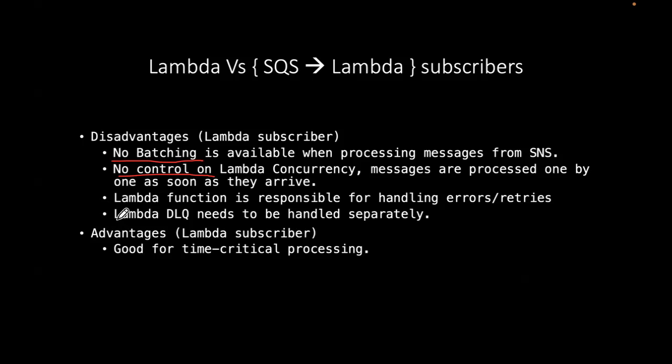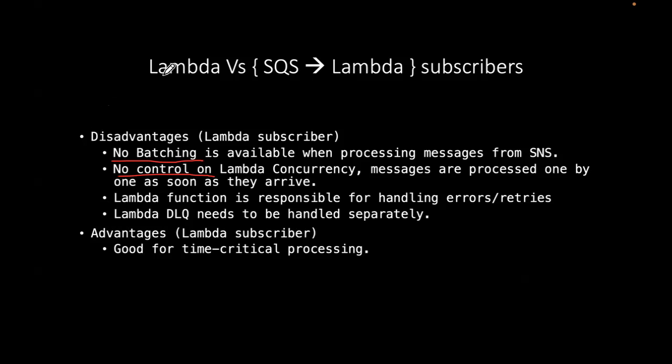If you want to have a DLQ linked with your Lambda subscriber such that the Lambda function itself can cause bad messages to be sent to a DLQ, you actually have to configure that as part of your Lambda configuration. You cannot get SNS to do it. Okay, so there are all the disadvantages.